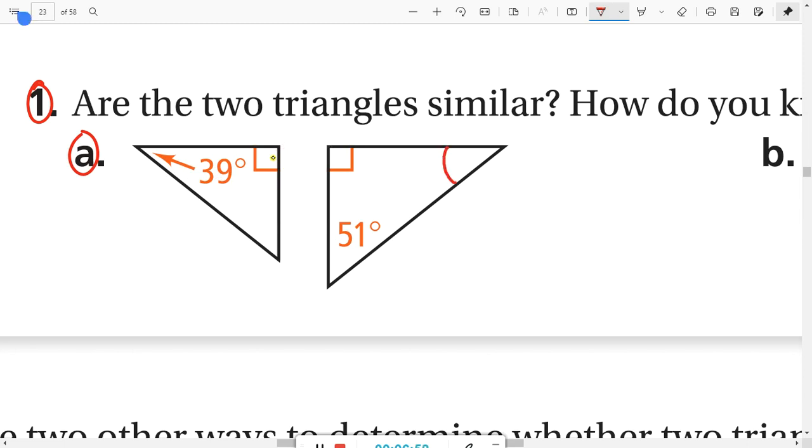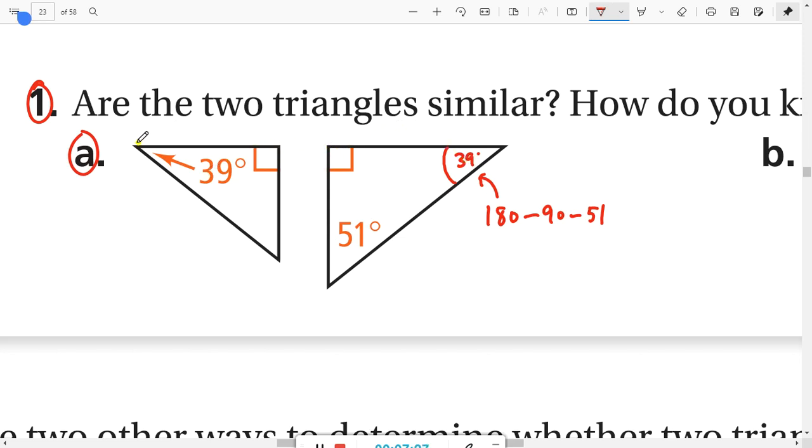All right, so this one here, that angle is going to be 180 minus 90 minus 51. Okay, and that's going to be 39. So as you can see, 90 matches 90 and 39 matches 39.